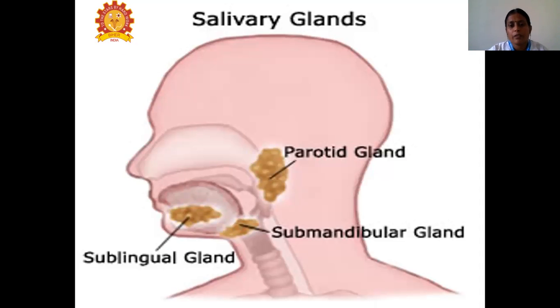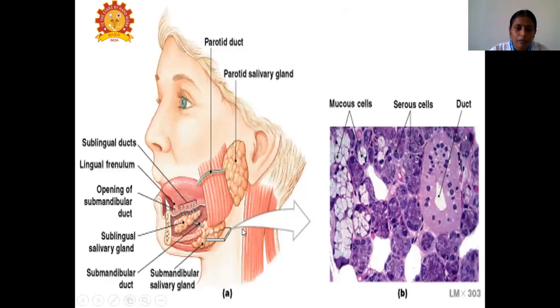So in this picture, you can see the location of the three glands: parotid in front of the ear, the sublingual below the tongue, and the submandibular gland. Here also is a picture of the three glands.